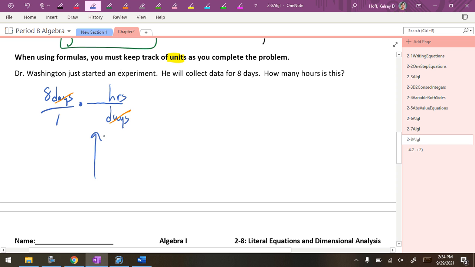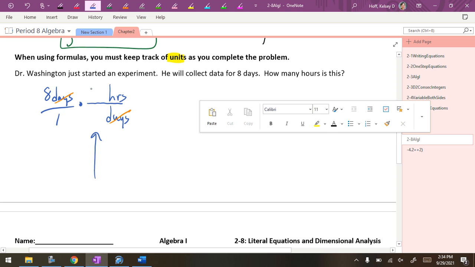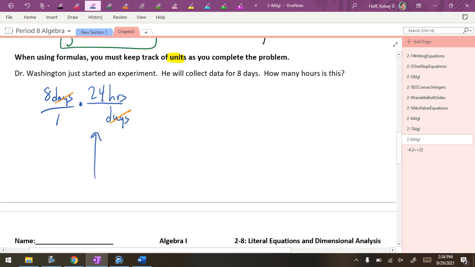What is my conversion? How many days and how many hours, or how many hours and how many days? 24 hours in 1 day. So the whole purpose of setting it up like this is to get the unit diagonal from it to get it to cancel.